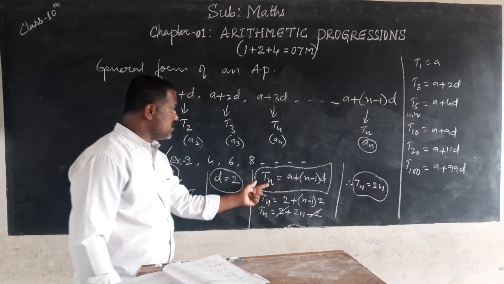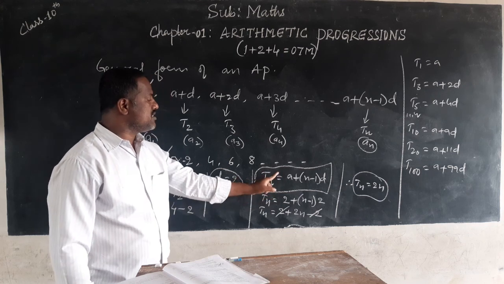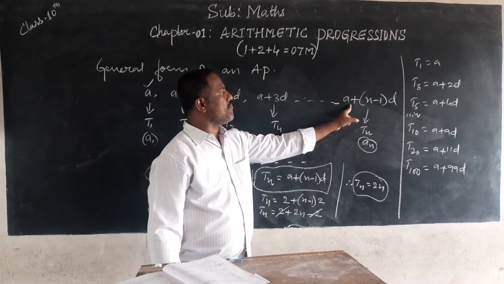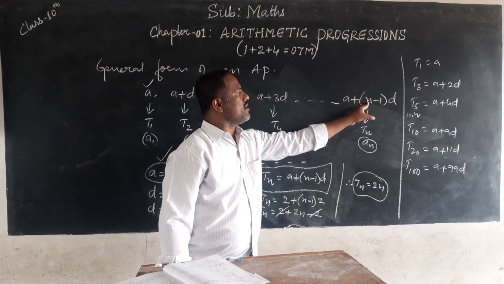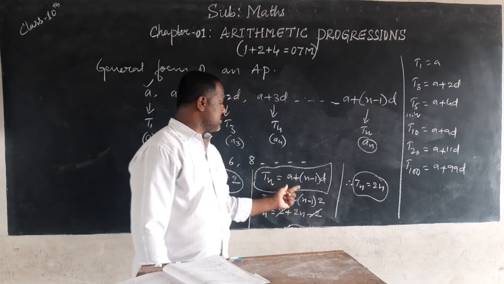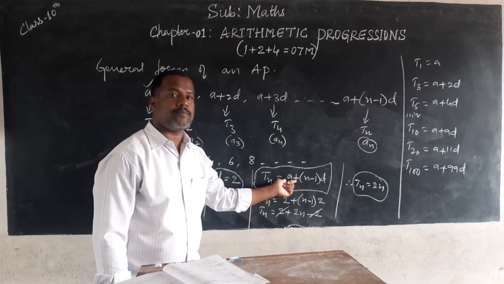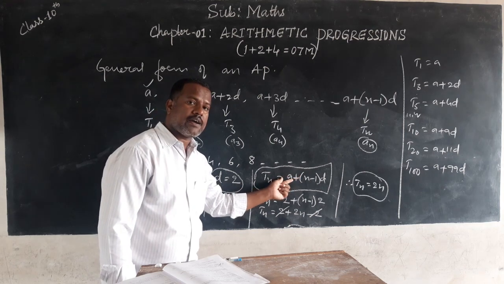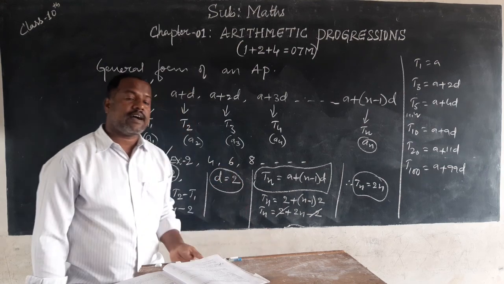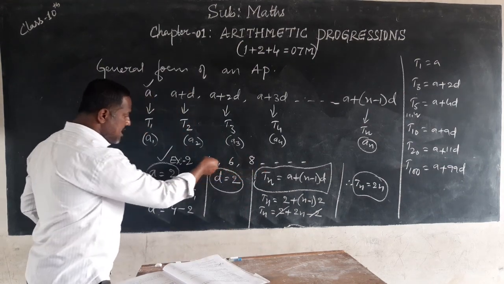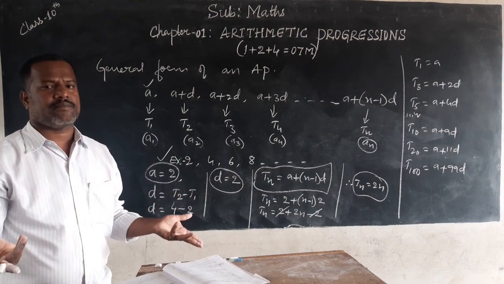Understand? So this is what we call the nth term formula, which is there here. See, a plus (n minus 1) into d. So this is what we call the nth term formula. You have to keep it in your mind, by using this formula, we can find the nth term of any problem very easily.